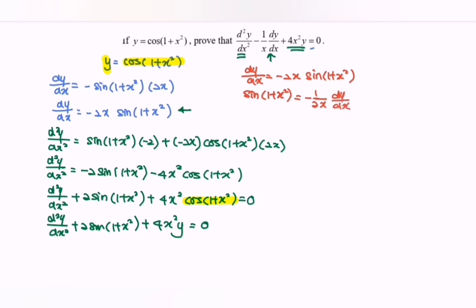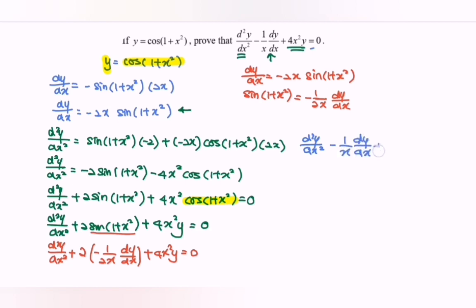For this case, we have the second derivative plus 2 times negative 1 over 2x times dy/dx, plus 4x² y, which equals 0. Finally, if we simplify, we have the second derivative, negative 1 over x dy/dx, plus 4x² y, which equals 0. So kindly refer to this part and notice that we have already shown the situation.